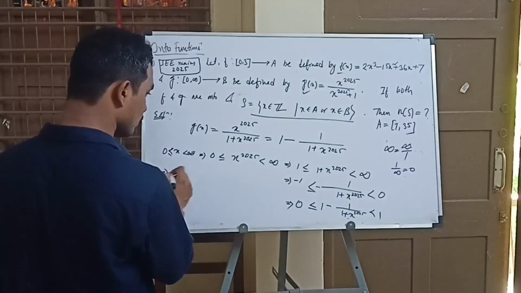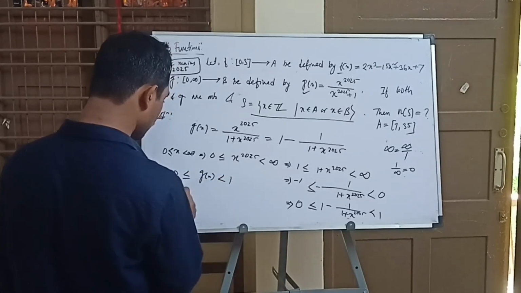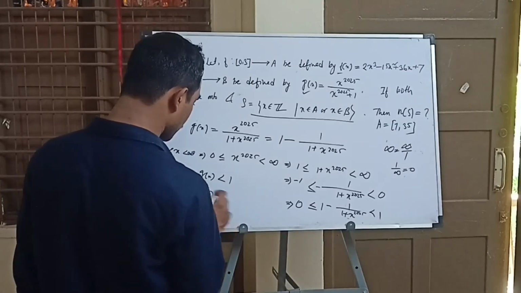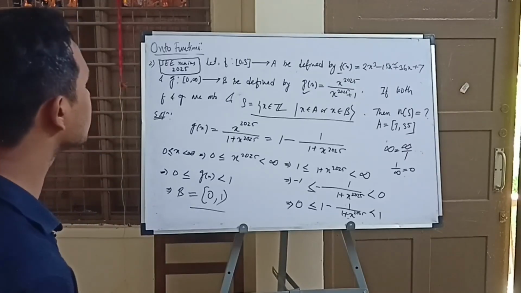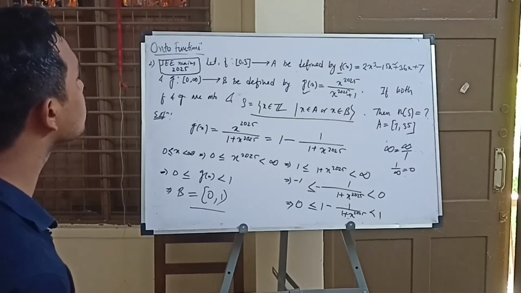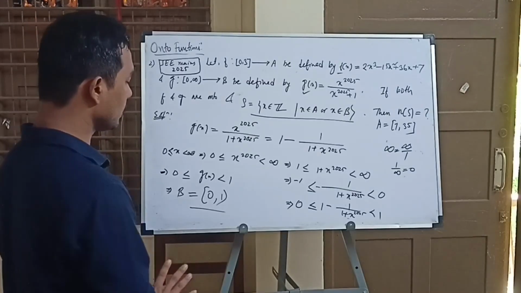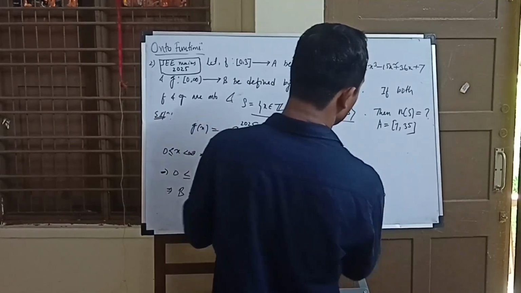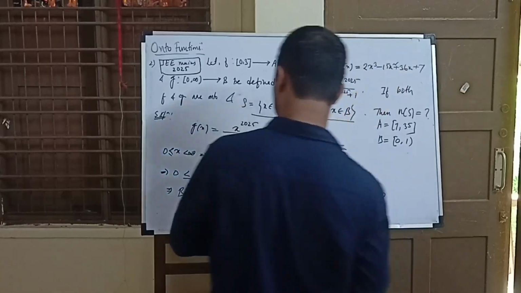The range of this function is what? G of x is less than 1. That means B is what? B is closed 0, open 1. Correct? Here B is closed 0, open 1.